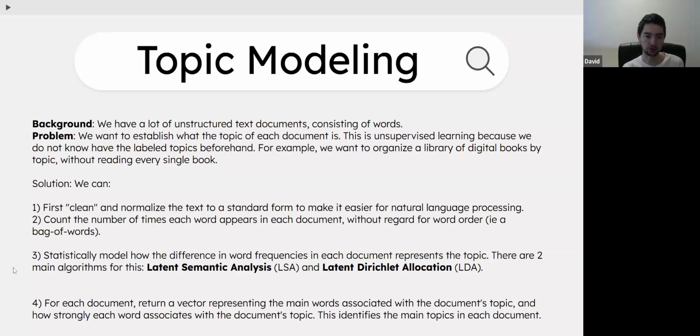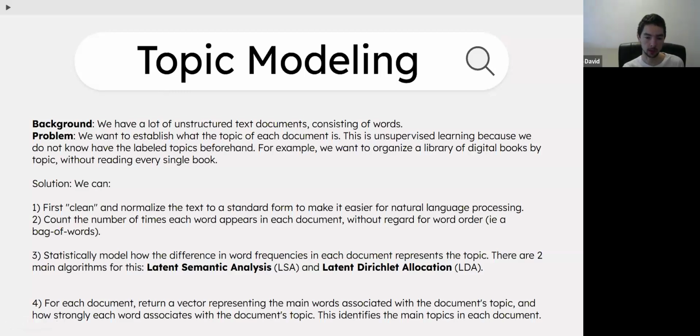Also there's cleaning. We need to clean the text as well using lemmatization. We want to count how many times each word appears in each corpus, and we want to also replace each word with a standard form.